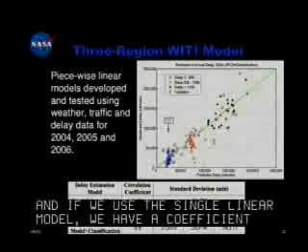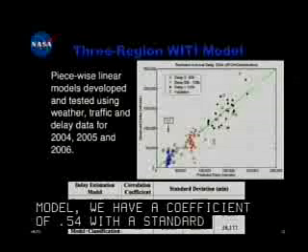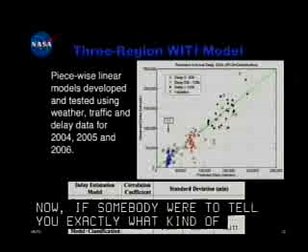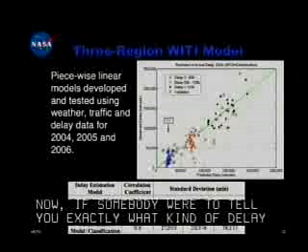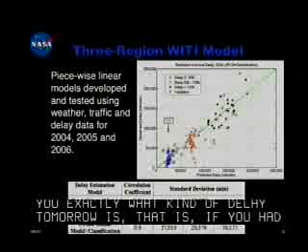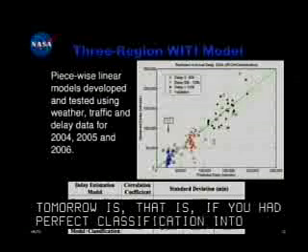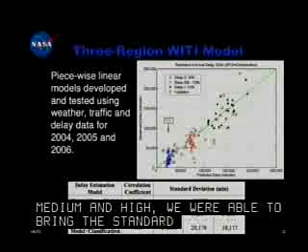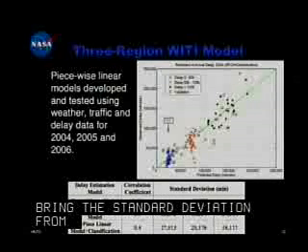Now, if somebody were to tell you exactly what kind of delay tomorrow is, that is, if you had perfect classification into low, medium, and high, we were able to bring the standard deviation from 48,000 to 18,000, 16,000, and 37,000 with perfect classification.